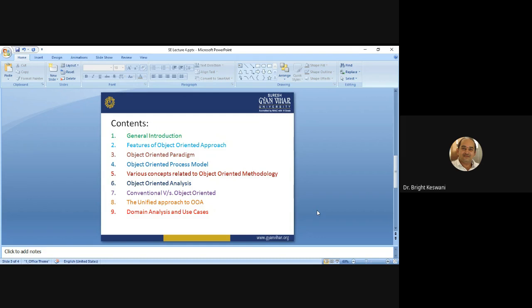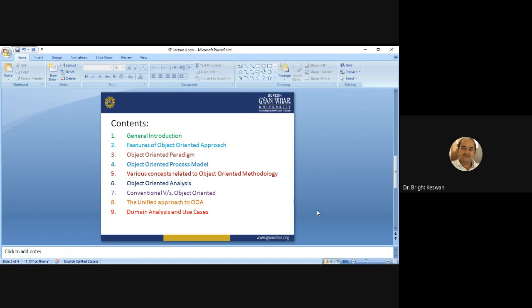So there are five different views of UML. I am repeating again. First is the structural model view, which is related to the static structure of the software, that is class, object and relationship. You model all these things in the structural model view.